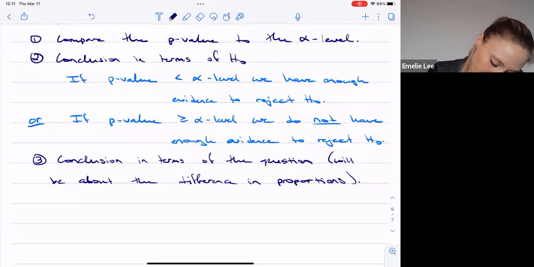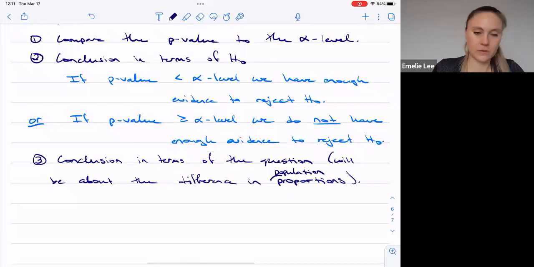I should maybe clarify here, population proportions.